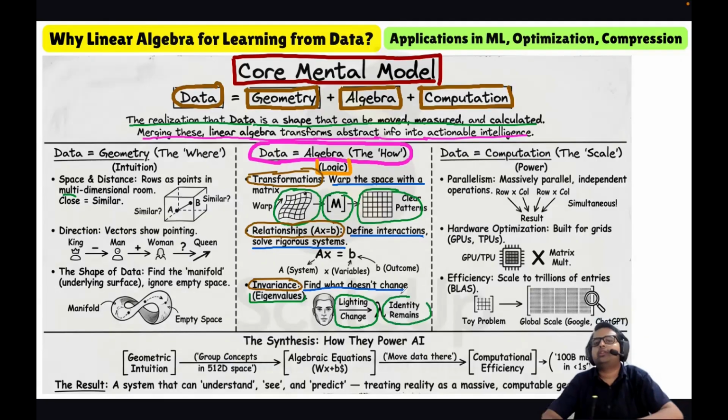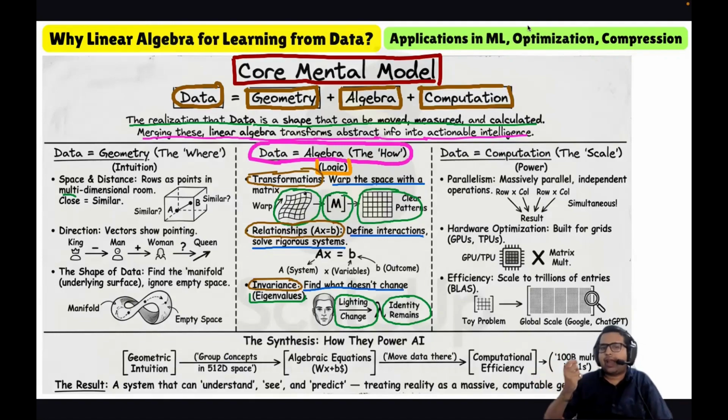That is what invariance is. And algebra helps us find those features which remain invariant. That's the power of algebra. So the idea is that once we have represented the data, we can apply transformations on it to make the patterns more clear, more visible.